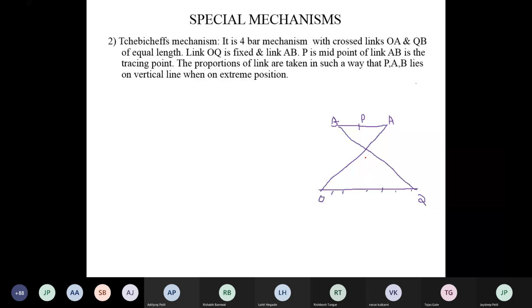At that time A comes here, this is A dash. The point changes like this. That time B goes here.